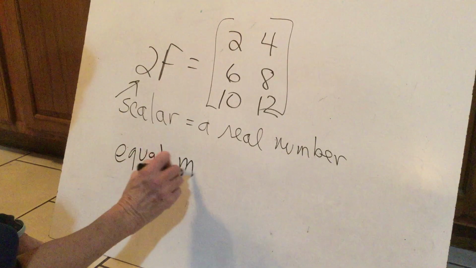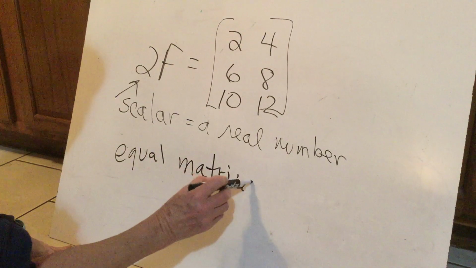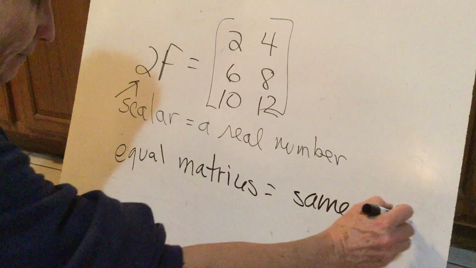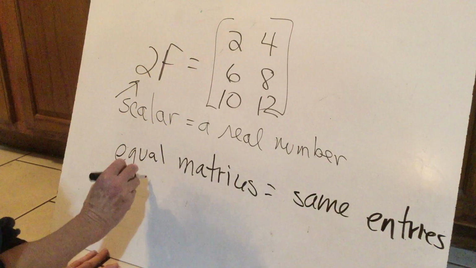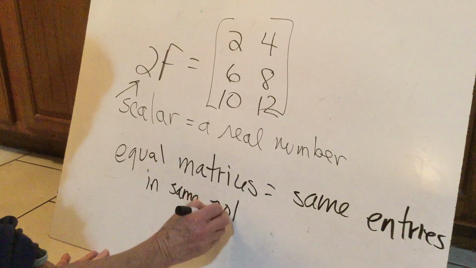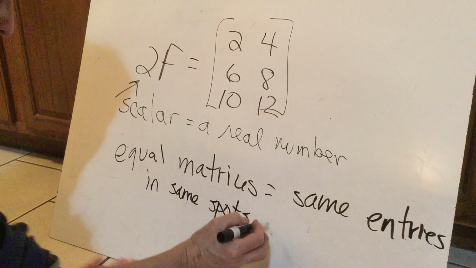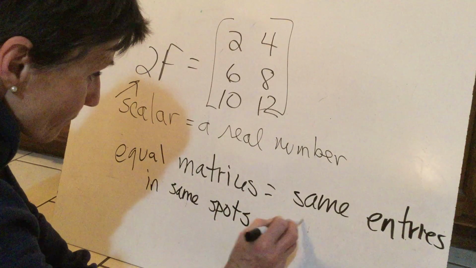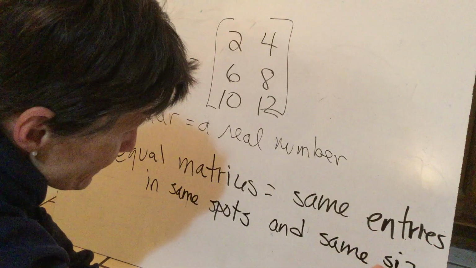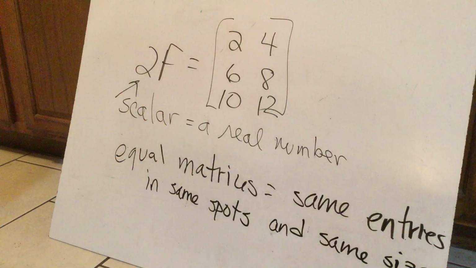Equal matrices: same entries in same spots, and same size. Obviously, if two matrices are going to be equal, they have to be the same size. And then they have to have the same entries in the same spots.